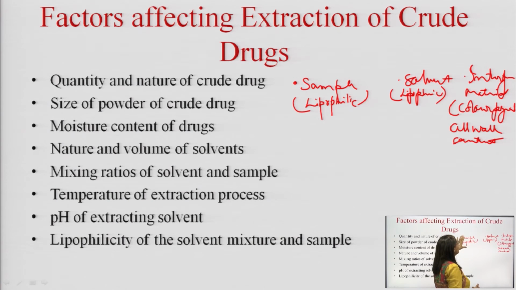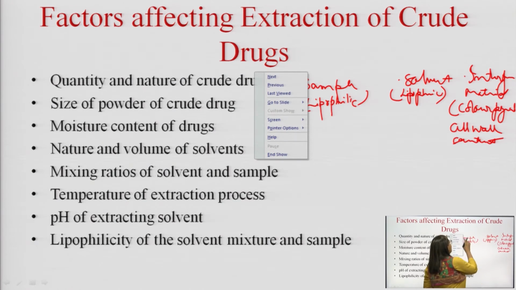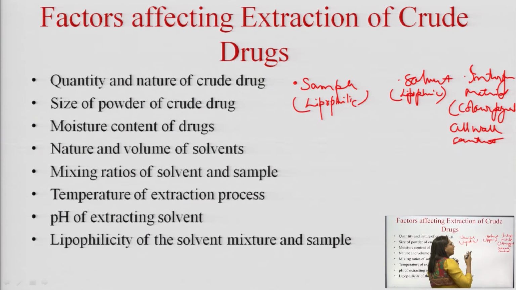So, if the sample is lipophilic, then we need to choose the solvent so that the solute can easily dissolve into it. If the solvent is lipophilic and the solute which is desirable for extraction is a little lesser in lipophilicity, then we change the ratios.